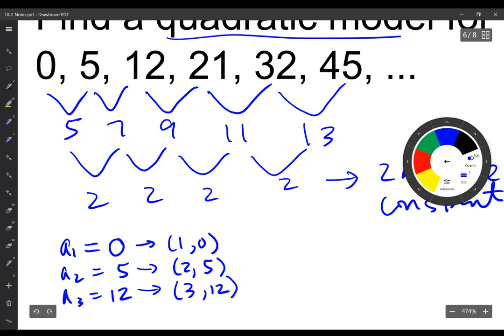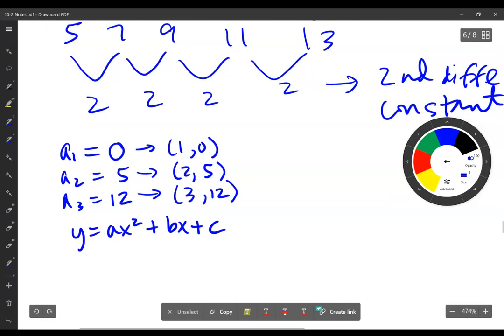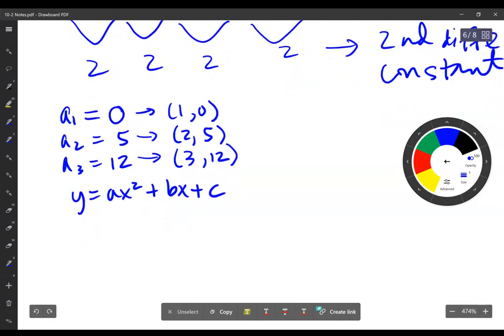And I'm going to go ahead and substitute, using y equals ax squared plus bx plus c. Again, you could use a sub n and you could use n, but I just find for most students this is easier. My first one would be 0, because remember these are x, y. So 0 equals a times 1 squared plus b times 1 plus c.